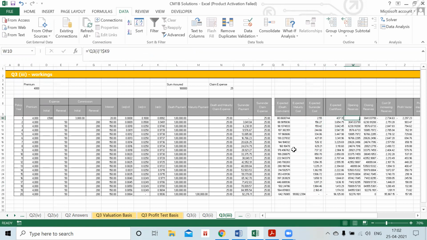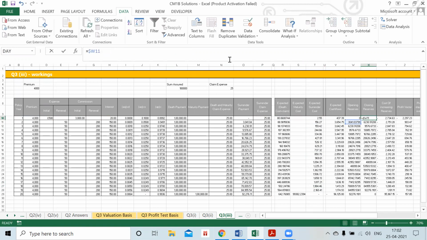Okay. Now expected cash flows. Expected cash flows are nothing but premium minus all the expenses, minus commission, plus the interest, minus all the death cost, maturity cost and surrender cost. Opening reserves, as we know, is the surrender payment we calculated in the first part.